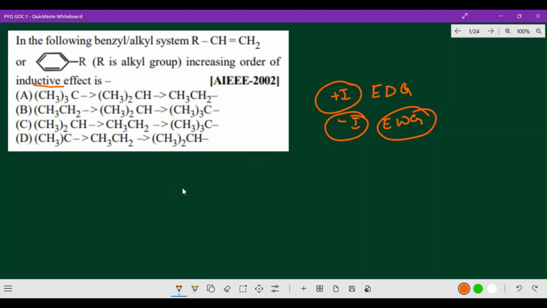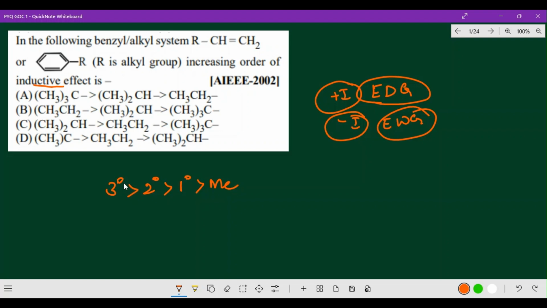So here, plus I effect is electron donating, having more tendency to donate. According to the order of electron donation tendency, tertiary has three carbon groups available. So tertiary is greater than secondary, greater than primary, greater than methyl.